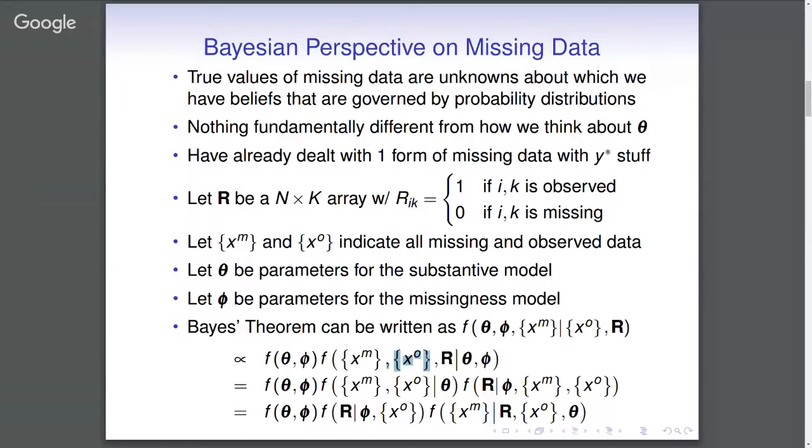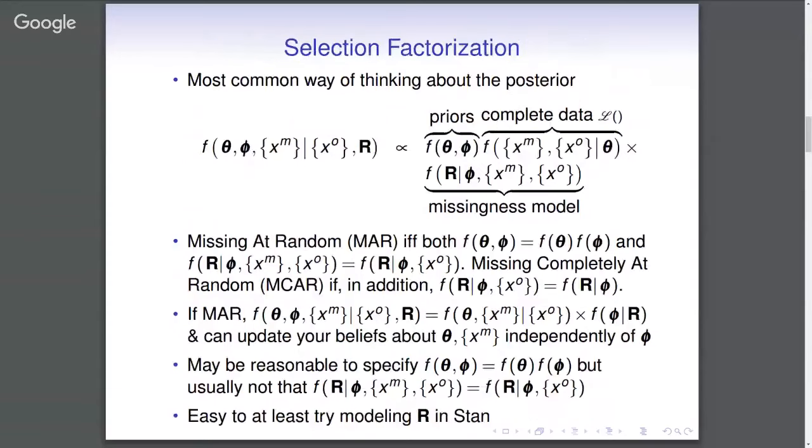Or, if you make extremely strong assumptions, you can integrate XM out of this and just make inferences about theta and phi. So the most common way of thinking about the posterior distribution, this is just what I wrote on the previous page again. We have priors on theta and phi. That's what we've been doing before. We have this complete data likelihood, which joins together the true values that are missing with the observed values of X. That depends on theta.